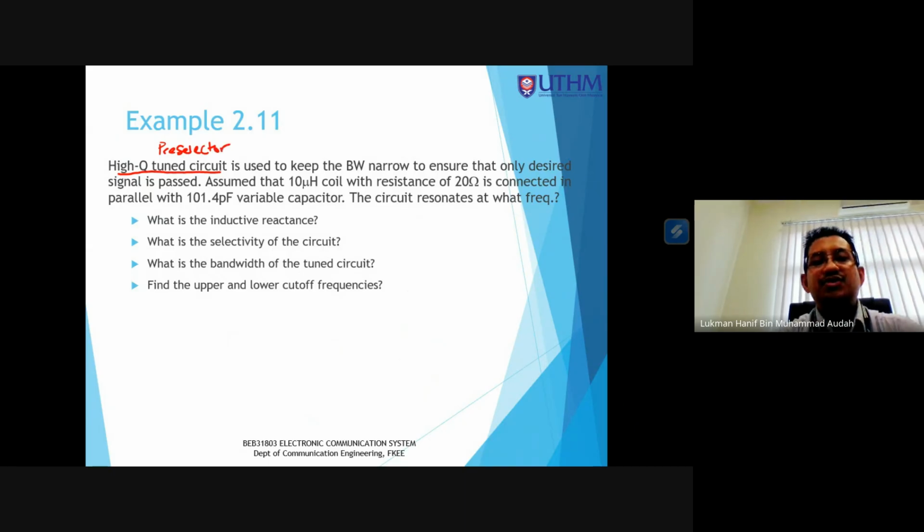It is used to keep the bandwidth narrow to ensure that only the desired signal is passed. Assuming the 10 microhenry coil with resistance 20 ohm is connected in parallel with a 101 picofarad capacitor.